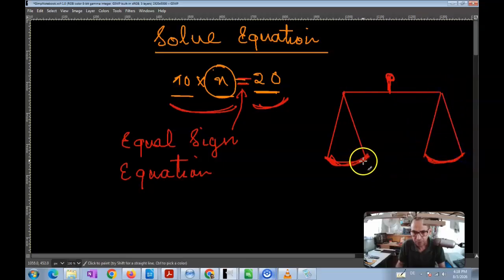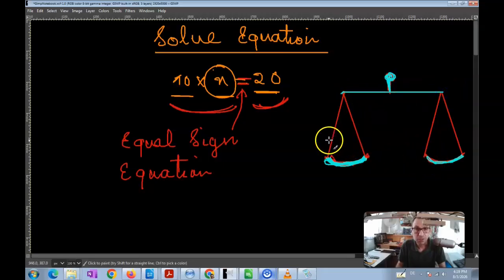These two balls are connected to this rod, and the rod is connected over here, and this is a rod.